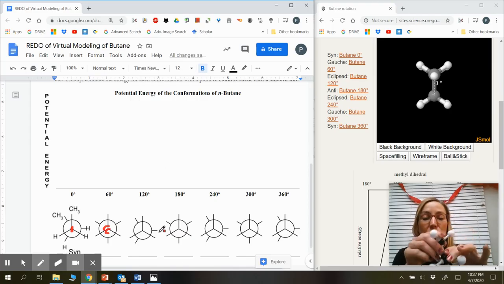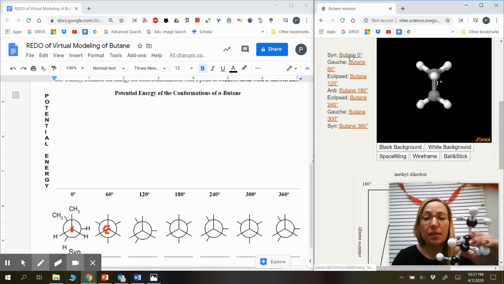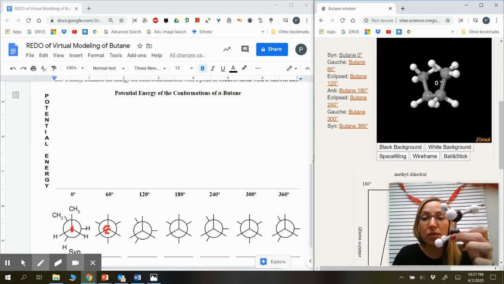So I'm going to start to line up butane the way that we see it in other models. But this would be really staggered. And then if we keep moving it around, again, we can rotate about that central CC bond. And where we're starting with this online model is with the syn conformation.